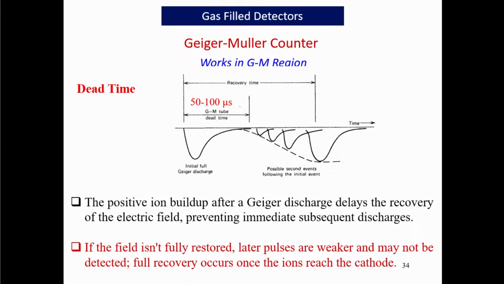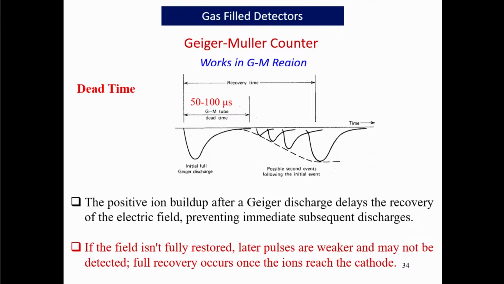To make you understand the concept of dead time, as we already determined during your practical, you obtained a dead time on the order of microseconds. Let us say you have this initial full Geiger discharge. One radiation interacted with a GM tube, it produced some electron-ion pairs, produced further avalanches like that, and you collected all the electrons.